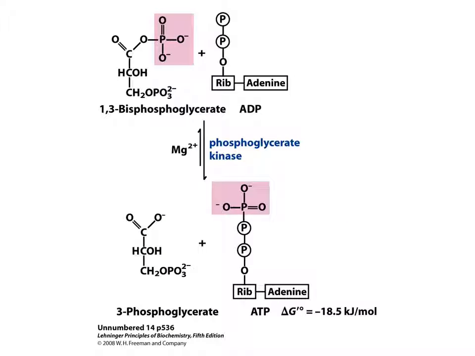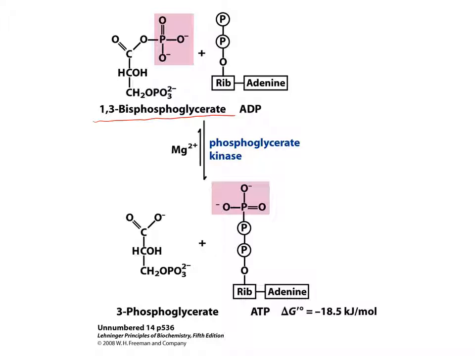The next step is also a very interesting step, because this is where we start generating ATP. Now we have the 1,3-bisphosphoglycerate. This is an interesting molecule. It has a phosphate on it that can readily be given away.